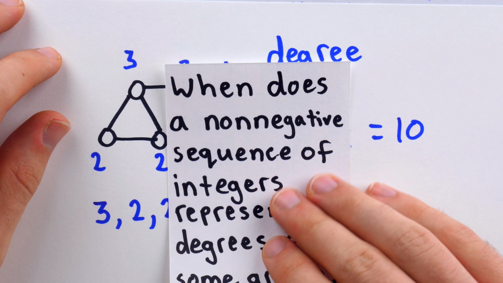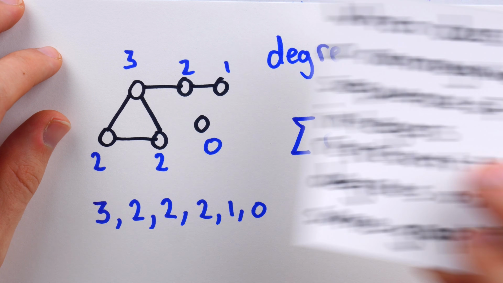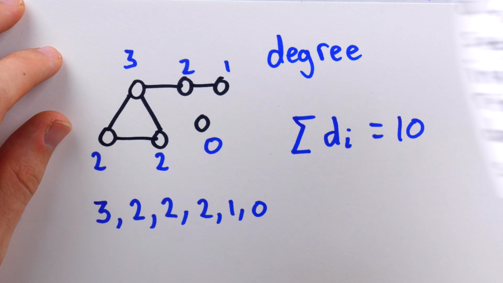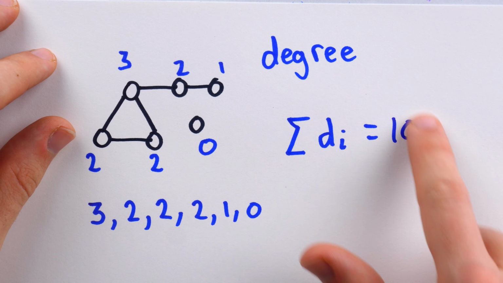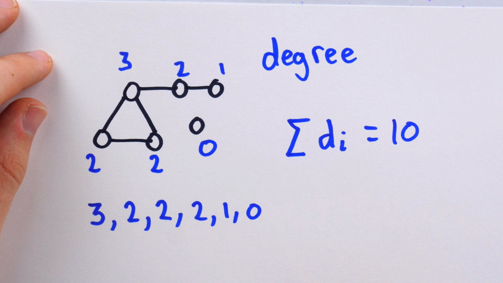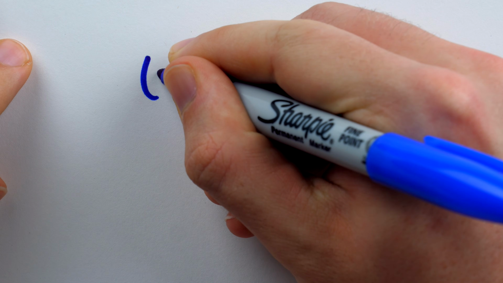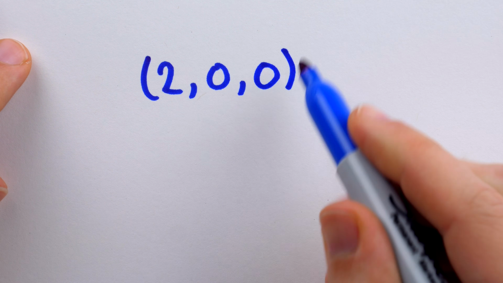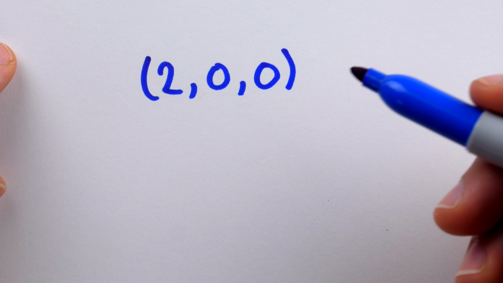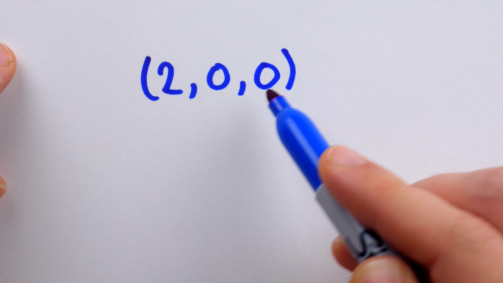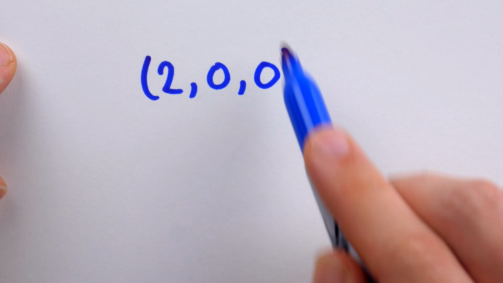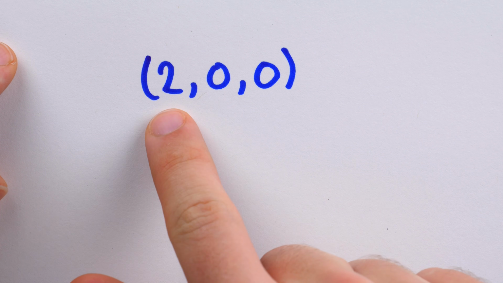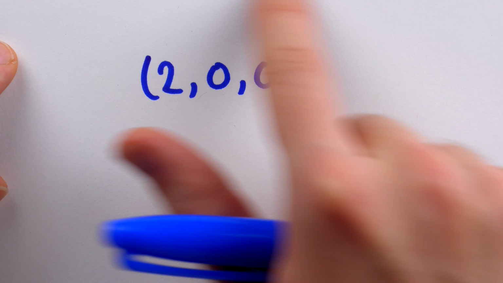Well, obviously, for a sequence of non-negative integers to represent the degrees of some graph, the sum of all of the numbers must be even. So if that obvious necessary condition is also sufficient, then a sequence like this should have a corresponding graph whose vertices have these degrees, because this is a sequence of non-negative integers, and the sum of the numbers is even, so this should work.